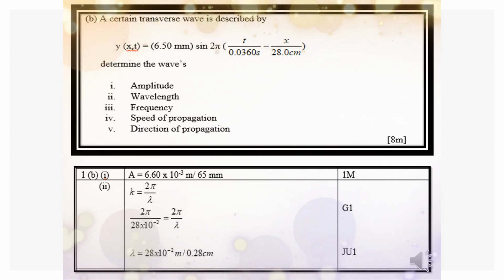Jadi, nilai bagi K adalah 2 pi dibahagikan dengan 28 darab 10 kuasa negatif 2, sebab unit yang dia bagi adalah senti per sentimeter. Sama juga dengan 2 pi per lambda. Jadi kita akan dapat lambda sama juga dengan 28 darab 10 kuasa negatif 2 meter ataupun 0.28 cm. Satu markah untuk gantian dan satu lagi markah untuk jawapan dan juga unit.